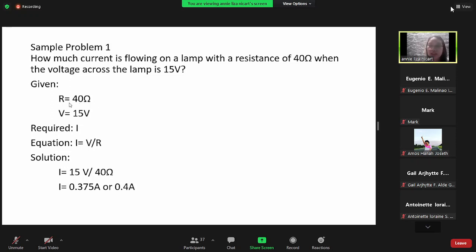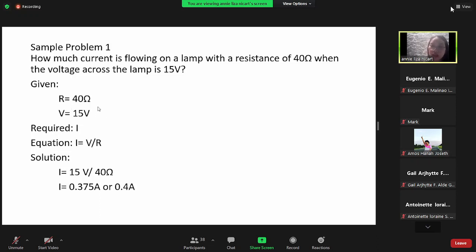So resistance equals 40 ohms. Another given is voltage. Here we have 15 V, where V stands for volts, the unit of voltage. So the voltage is 15 volts.